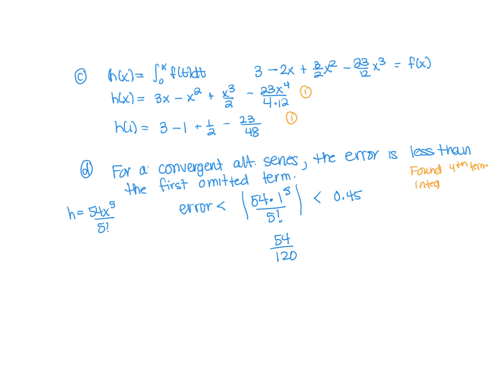The next one uses the first omitted term and then the error bound. So you get 1 for right here, 1 for showing this work, part of it was up there, and 1 for showing that that's true.